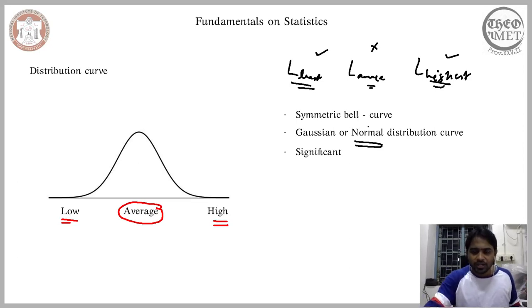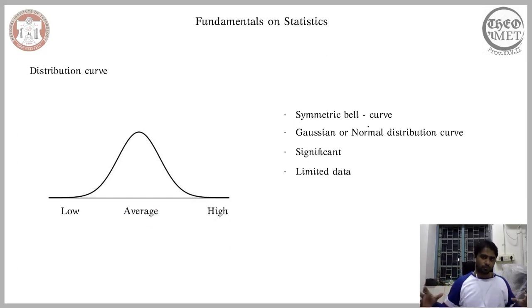Now, it is not always necessary that we need a significant amount of data. We need not have a huge data set in order to come up with this curve. Even relatively limited data will help us construct this curve. Again, the key term here is relatively.